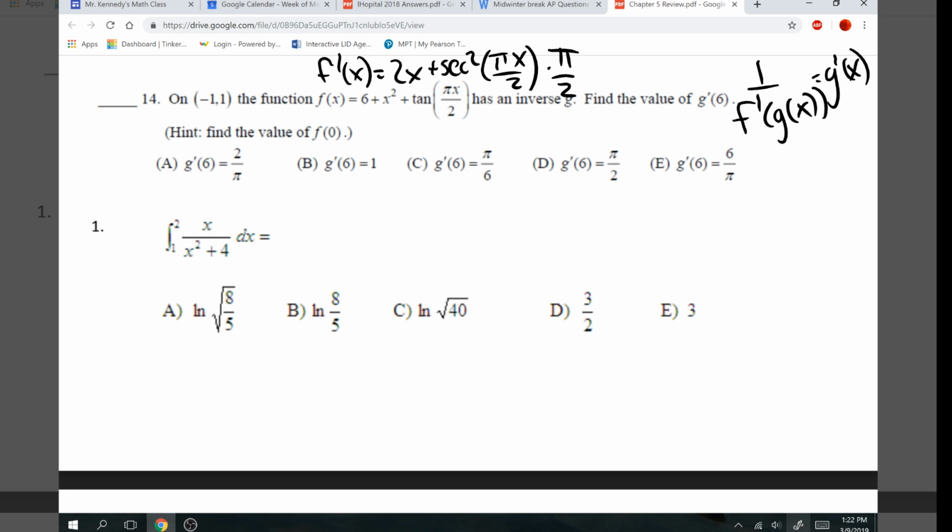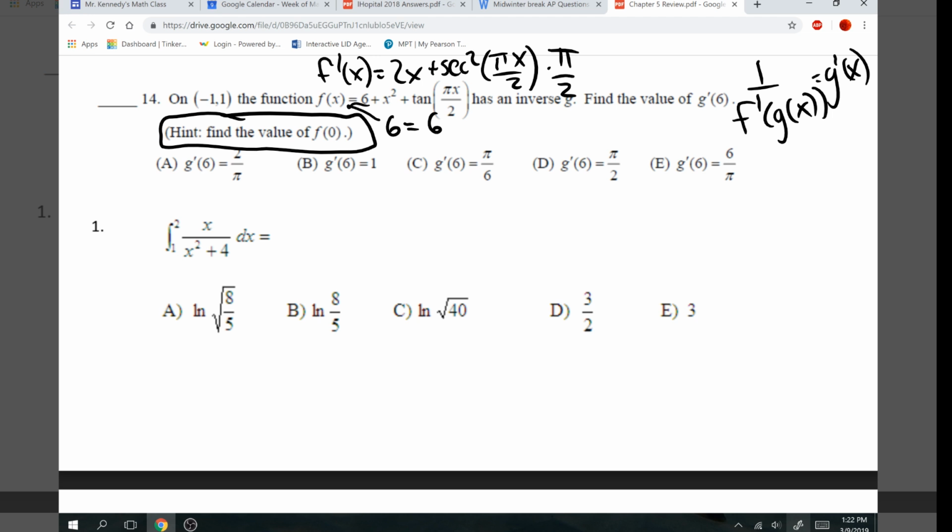And then you just have to plug g of 6 into the function. And to find g of 6, which is the tricky part, however, they give us this fat hint here, so it's not going to be that tricky. We plug 6 in for f of x, and the x value in the original function at an output of 6 is the output of our inverse.